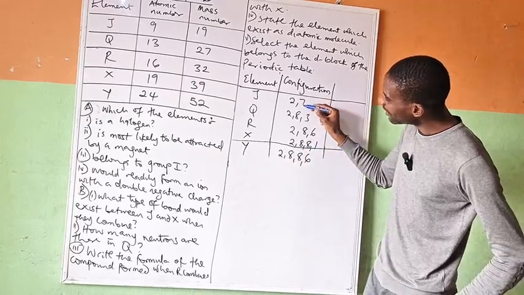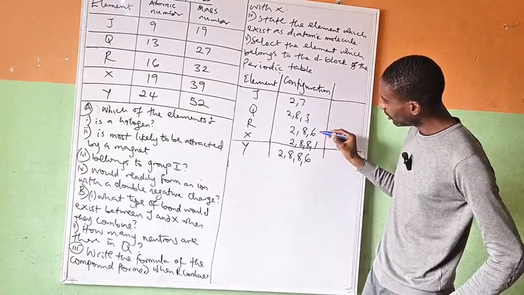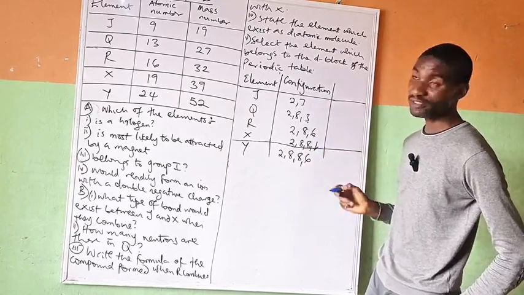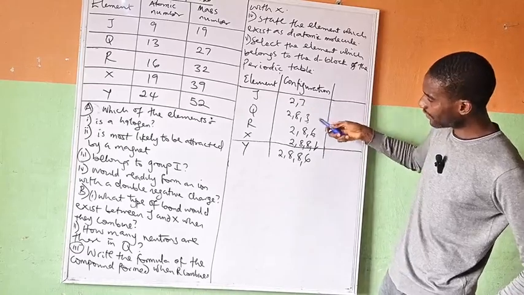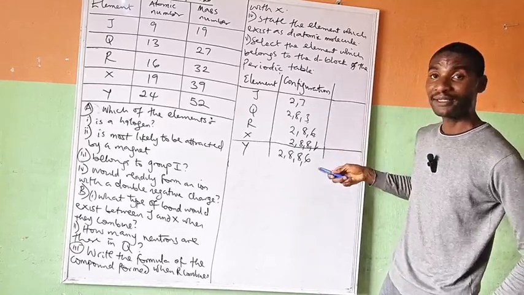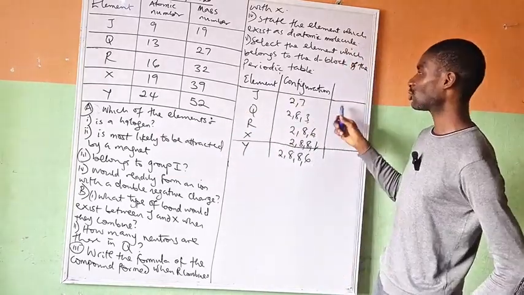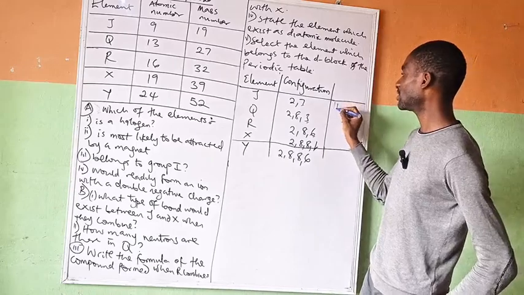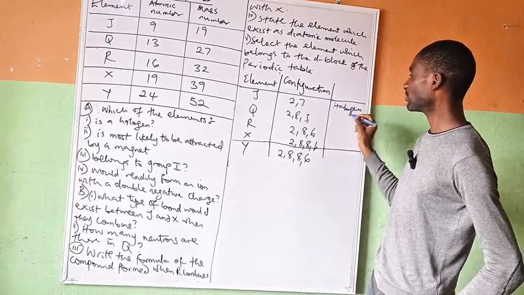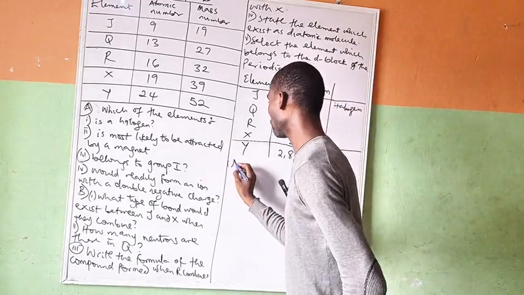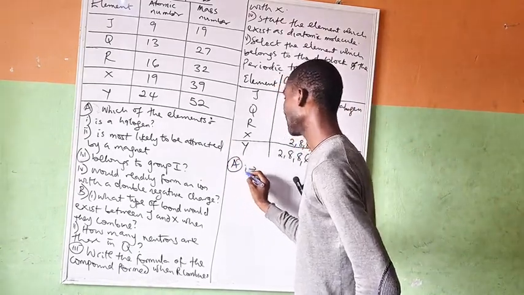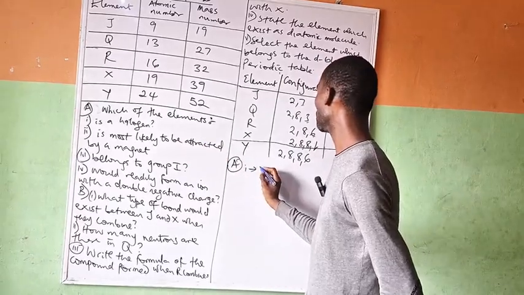The number of electrons in their outermost shell is what determines the group it belongs to. This is group 7, group 3, group 6, group 1. So which of them is a halogen? Halogens are group 7 elements. So the correct answer is J. This is the halogen, it is in group 7. So to answer this question, A, Roman figure 1, the halogen is J.